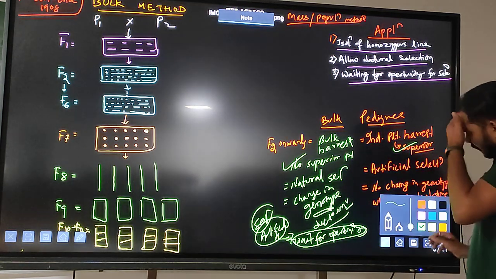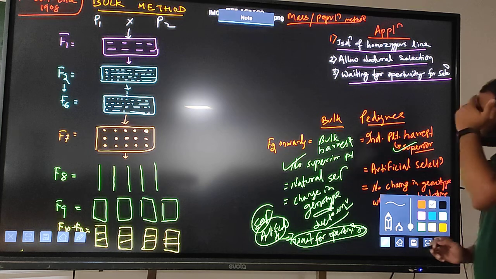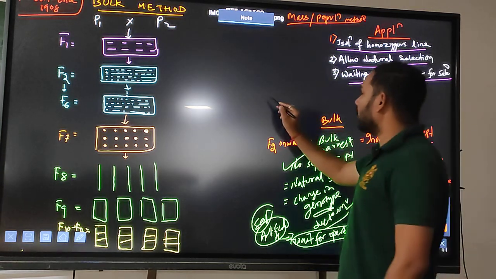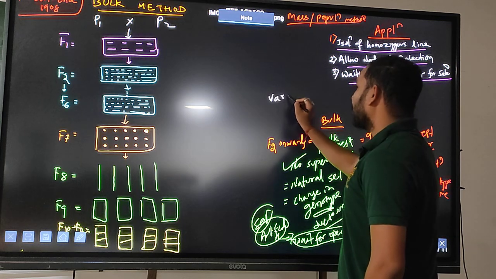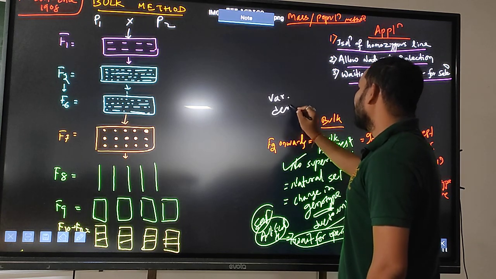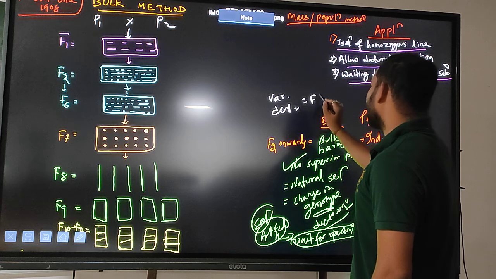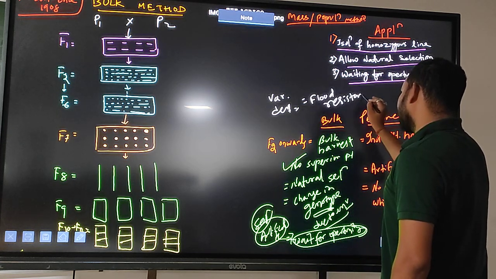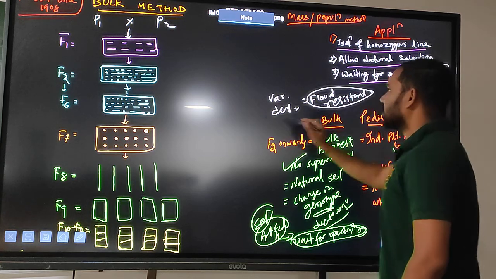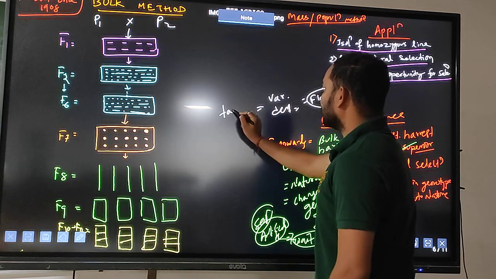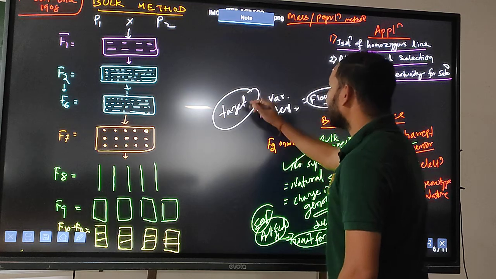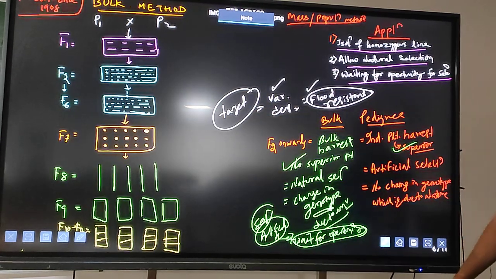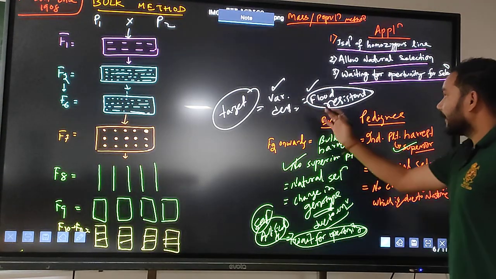So now, let us say I am going for a variety development which is flood resistant. This is my target. My target is to develop a variety which is flood resistant. So in this case what will happen?